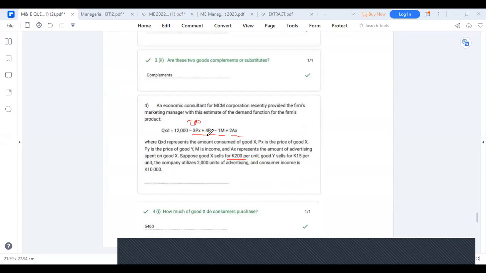Price of good Y, you put what? 15 there. The income is 10,000, you put 10,000 there. The advertising, you put what? 2,000 units. Give me the Q.